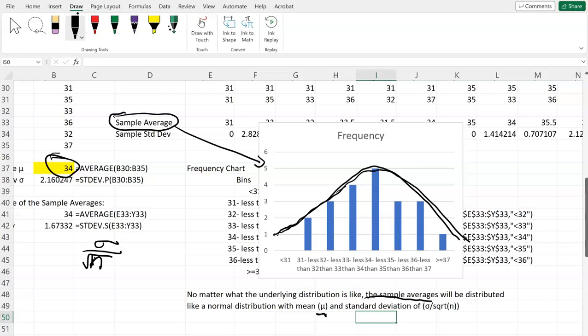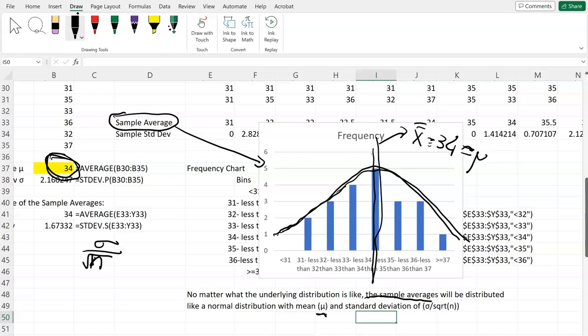And the mean of this frequency chart and the population mean will be very similar. So this average, which I'll write as x bar bar, will be very close or equal to the population mean.